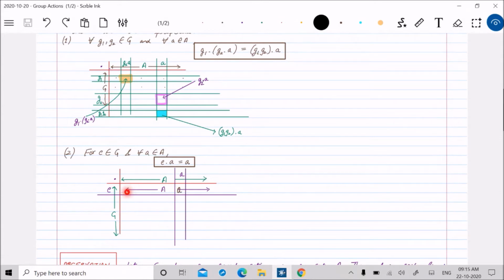And then the results here, like this result, this number is just the result of the action of e on a, right? So this e will be acting on each member of this capital A, and hence this first row should be identical to the top row, right? So this is what the second postulate is asking you.